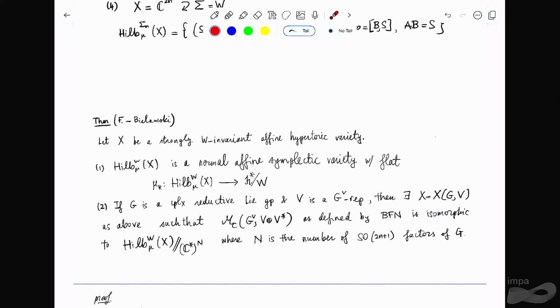What you need to prove is that this transverse Hilbert scheme, which we know has a holomorphic symplectic form on the regular part, is a normal affine variety with a flat morphism down to H star mod W. Once you prove this, you can use a recognition theorem in the work of Braverman, Finkelberg, and Nakajima to precisely identify their construction with this transverse Hilbert scheme construction.